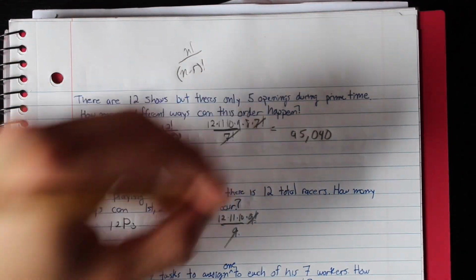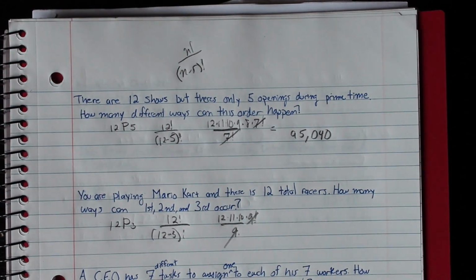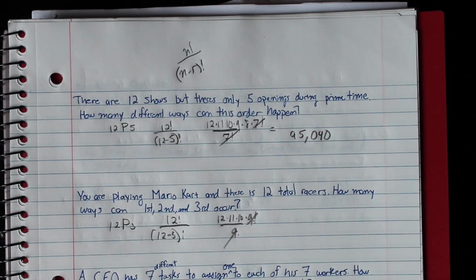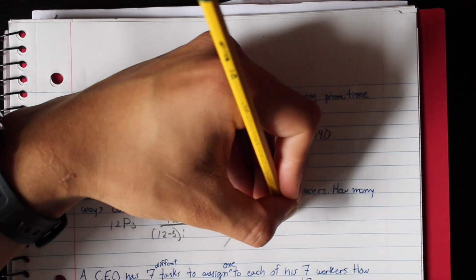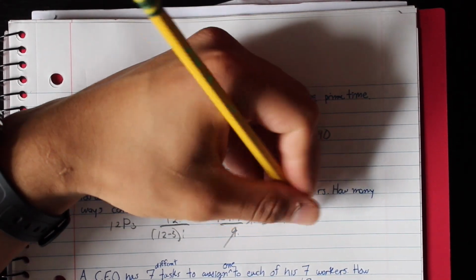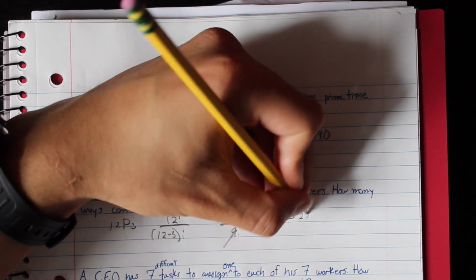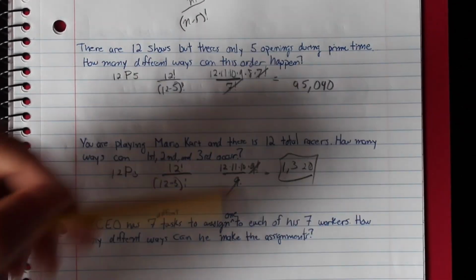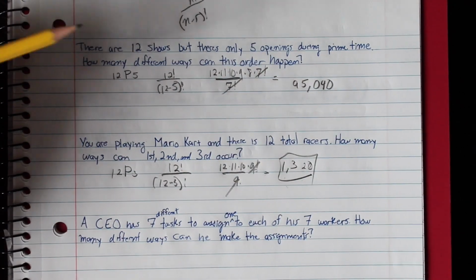Cross the 9 out, and then we have 11 times 10 times 12, and the total number should be 1,320 different ways we can have first, second, and third place occur within those 12 racers.